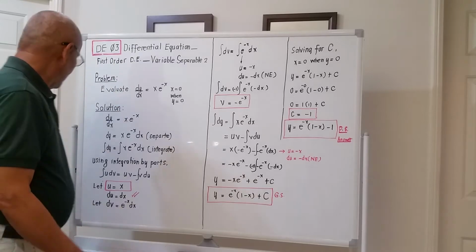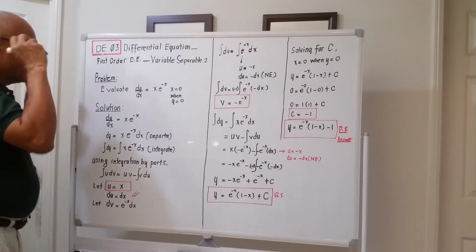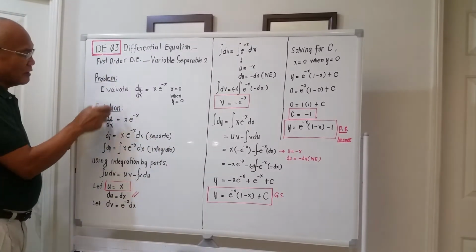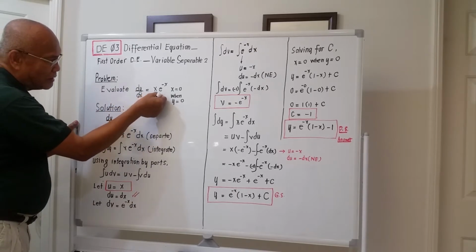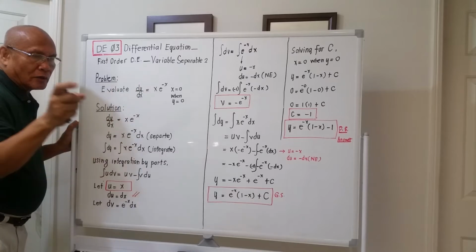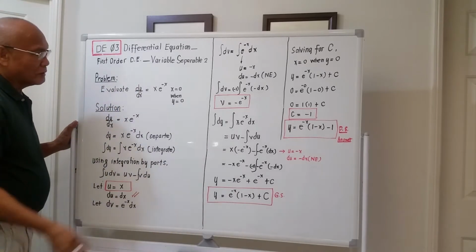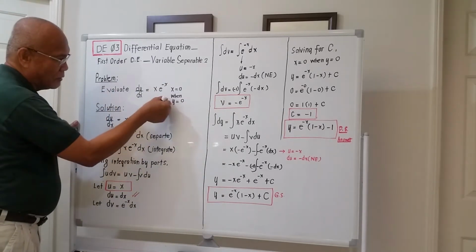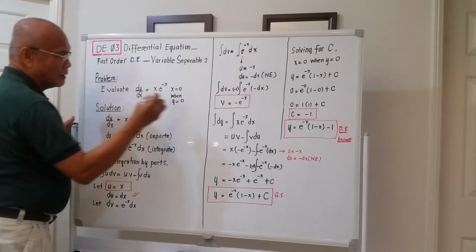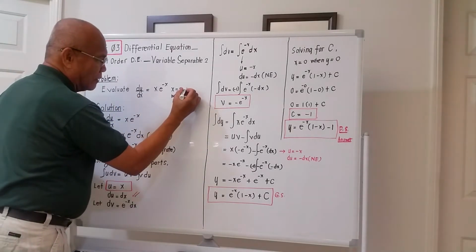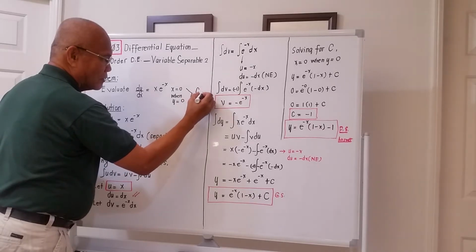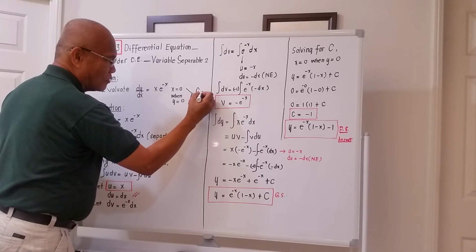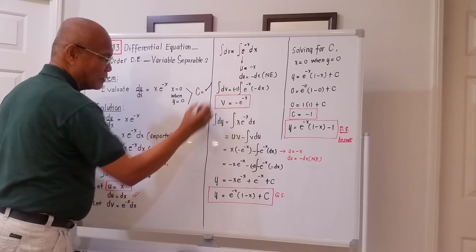Okay, let's proceed. I will try to read the problem. The problem is evaluate the value dy/dx equal to x e to the negative x with the given initial condition x equal to 0 when y equal to 0. We are given the initial conditions, so it's a must for us to compute for the constant of integration.